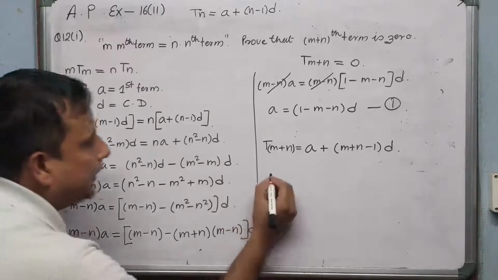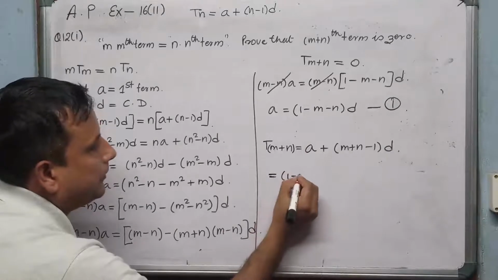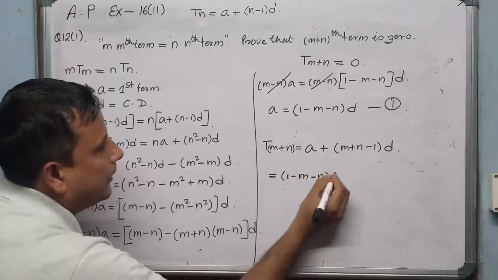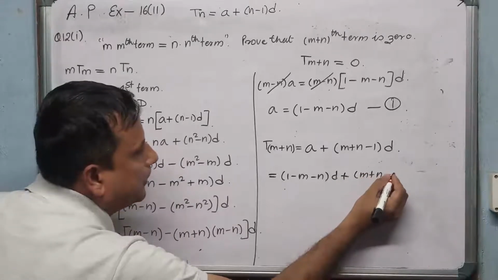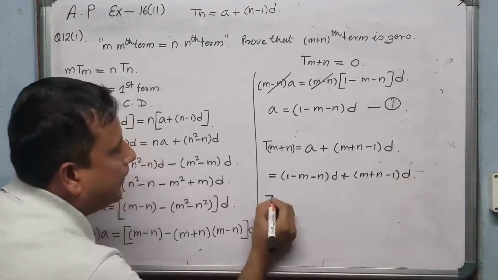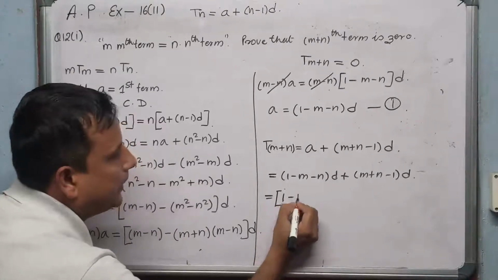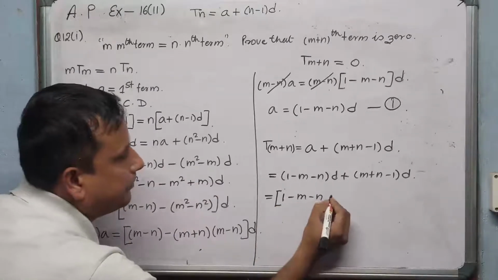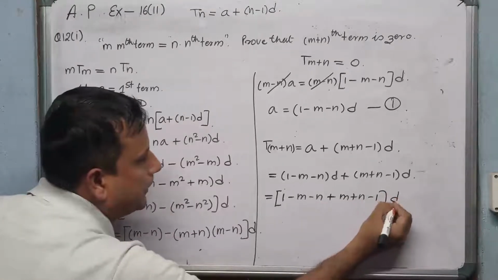Now using relation 1, substitute the value of a. A is (1 minus m minus n) d, plus (m plus n minus 1) into d. Now I'll take d common from these two expressions: (1 minus m minus n plus m plus n minus 1) into d.